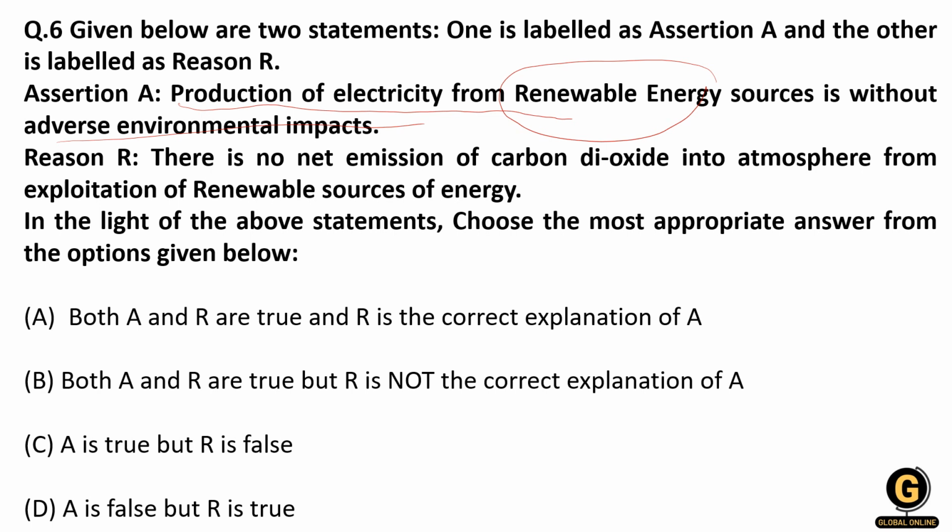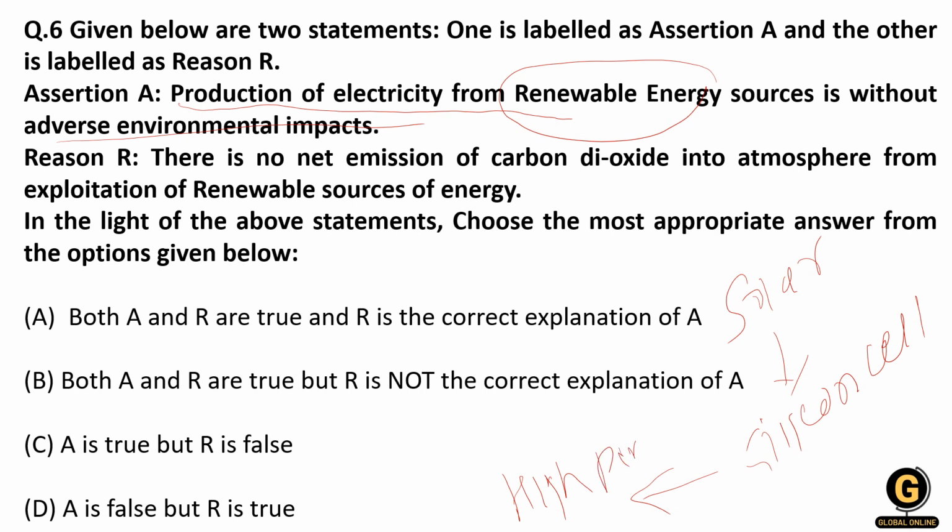But for making the solar panel, we need silicon cells. Remember, for making these silicon cells we need a very high purity water, and a large amount of high purity water is required for making silicon cells, which in turn are used for solar energy. So there is an environmental impact.